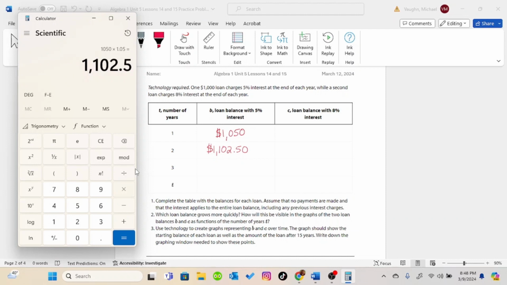And we're going to multiply this new balance by 1.05. And after 3 years, we'll round this up. The balance is $1,157.63.